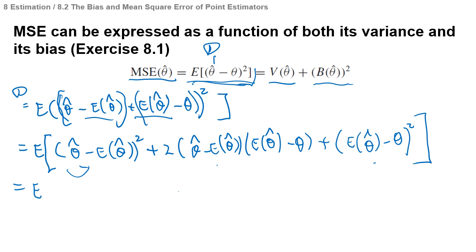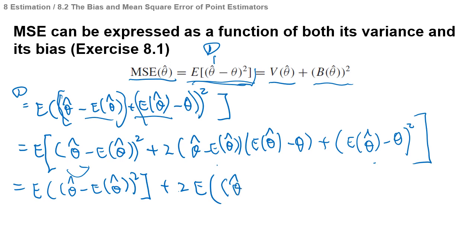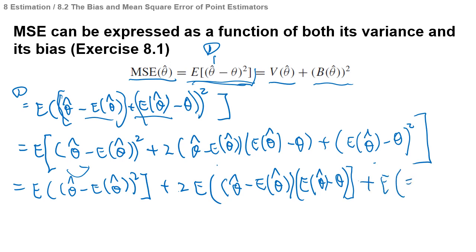So this is the expected value of (theta hat minus expected value of theta hat) squared, plus 2 times the expected value of (theta hat minus expected value of theta hat) times (expected value of theta hat minus theta), plus the expected value of (theta hat minus zeta) squared. Somewhat confusing.